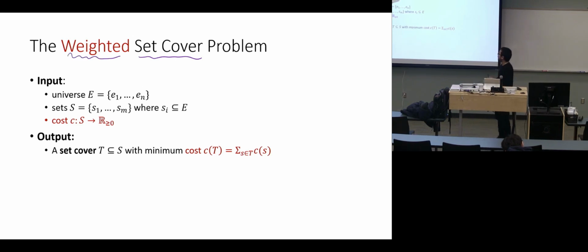So it's just the same problem. You have a universe, you have a bunch of sets, but now each of the sets has a cost. There is a cost on each set. And what I want is to find a set cover T such that it has a minimum total cost.